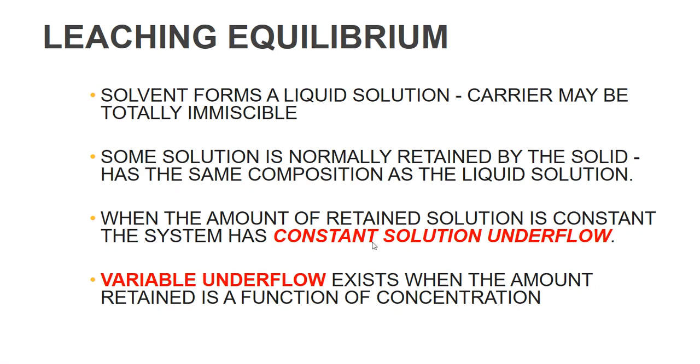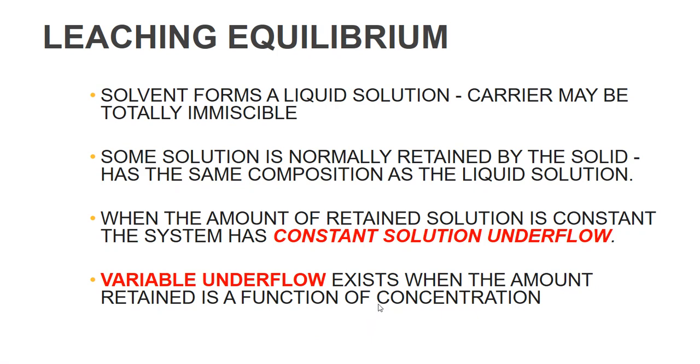Now, when the amount of retained solution, take note, is constant, the system is said to be constant solution underflow. Meaning, in the entirety of the leaching process, if the amount of solution that remains with your solid in the slurry is constant, then we have a case of constant solution underflow. We have a variable underflow existing when the amount retained is a function of concentration.